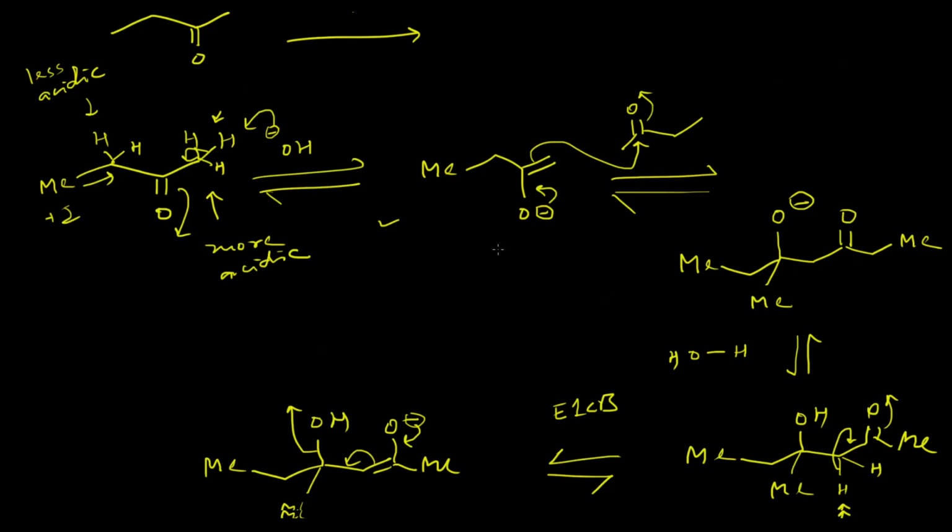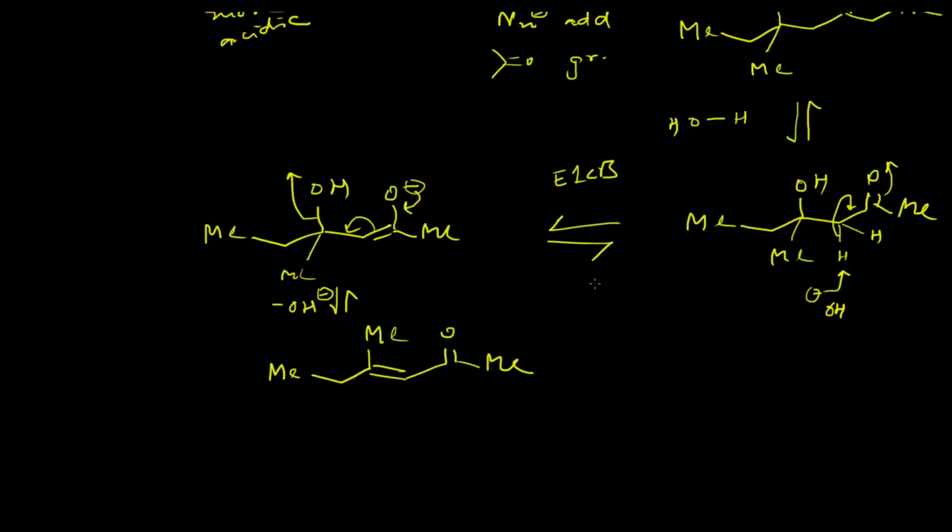The first step is essentially a nucleophilic addition reaction to the carbonyl group, and the second step is the elimination reaction. In base catalyzed condition, the elimination mechanism is E1CB via the formation of the conjugate base. So this is our conjugate base.